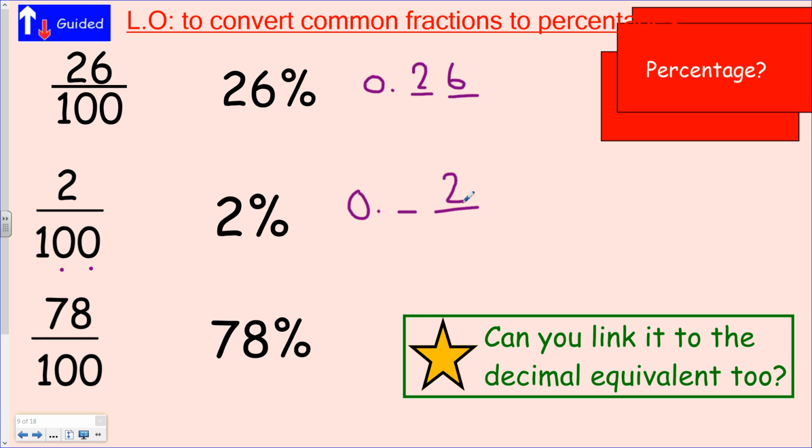My 2 goes here with my 0. So 2 decimal places, but the number needs to be 2. Well, the next one is going to be 2 decimal places because the denominator is 100. So 2 decimal places, and the number is going to be 78. When we're writing percentages as decimals, they always have 2 decimal places because percentage means out of 100.